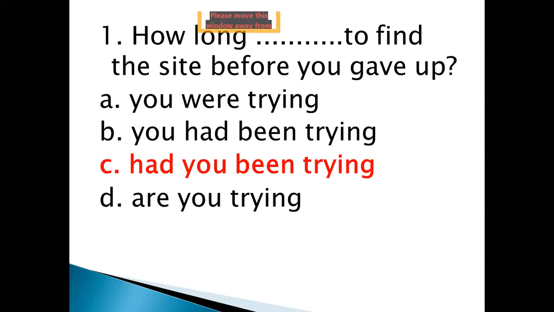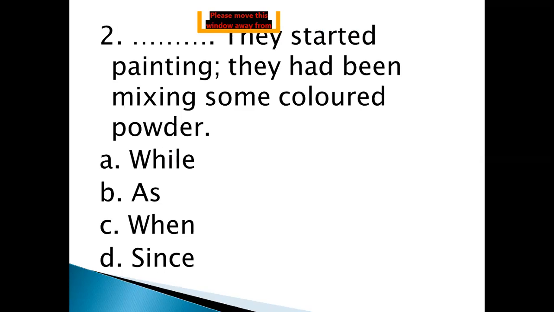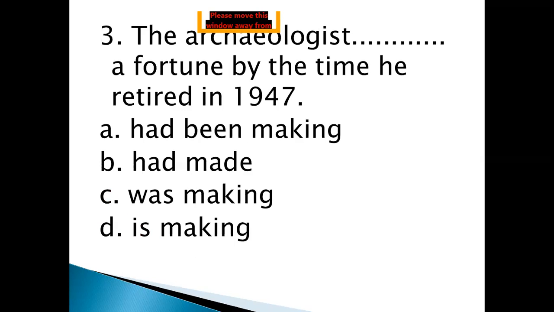What about number 2? When. Very good. Okay, number 3. Had been making? No, it will be had made. Why? Because we don't have a duration here in the sentence of the past perfect continuous.